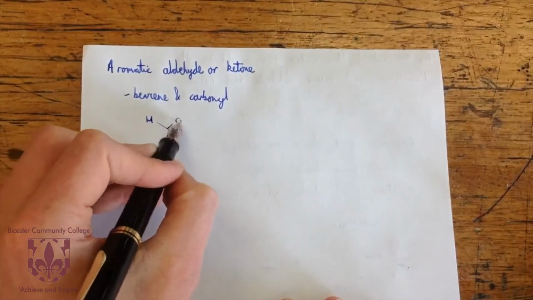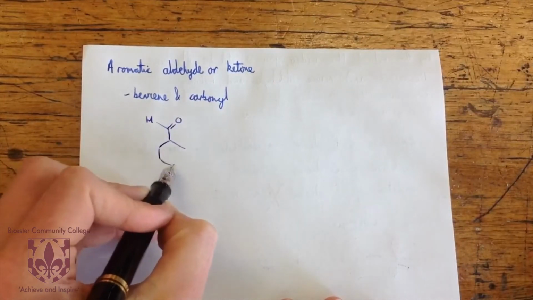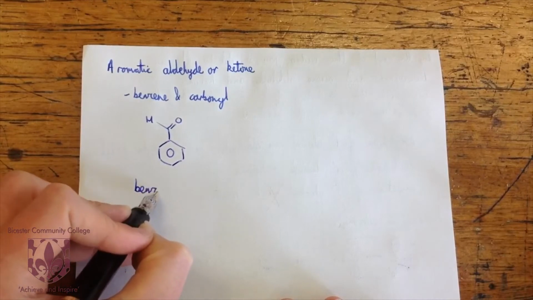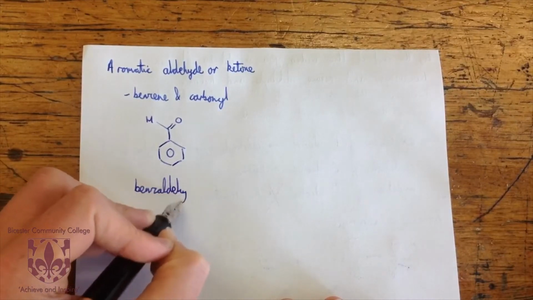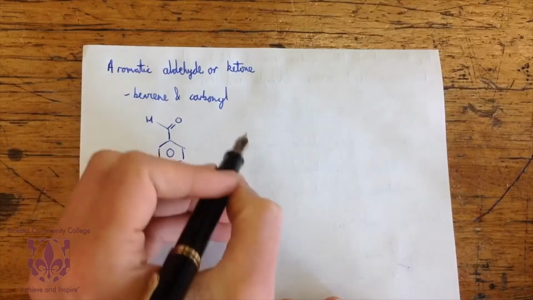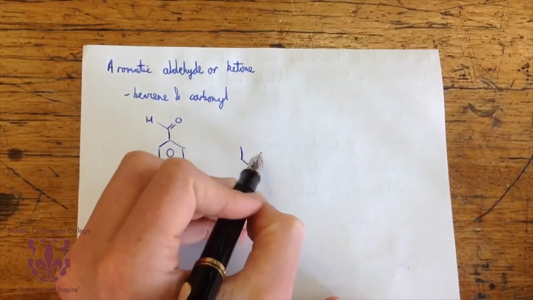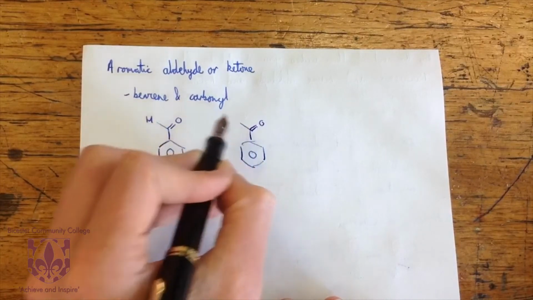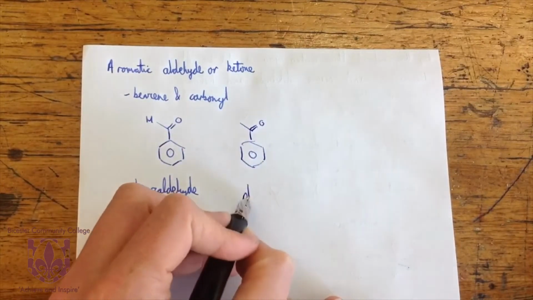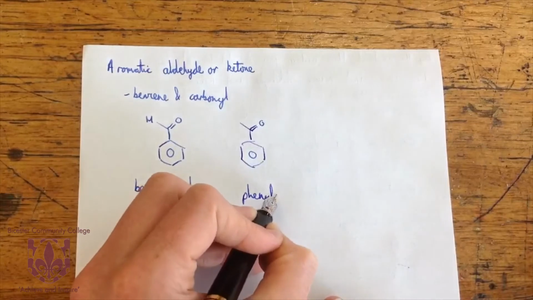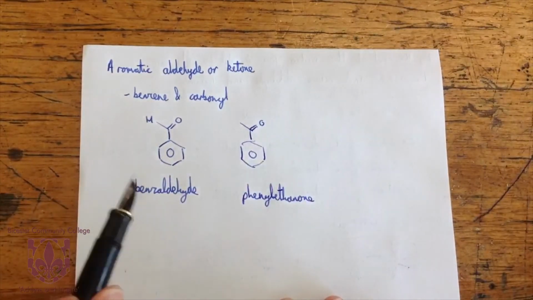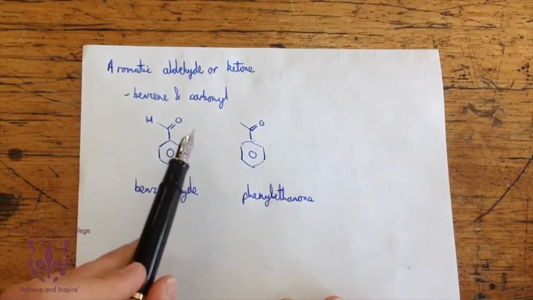So, for example, this compound here would be benzaldehyde, and then this compound here would be phenylethanone.